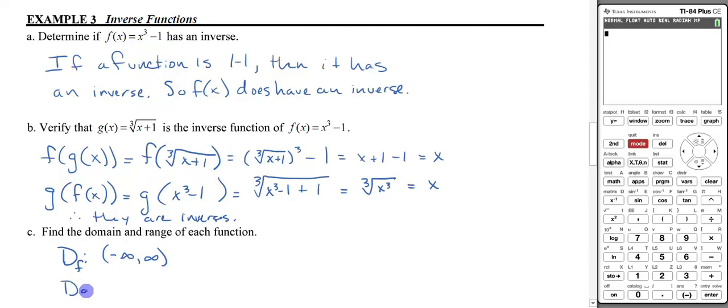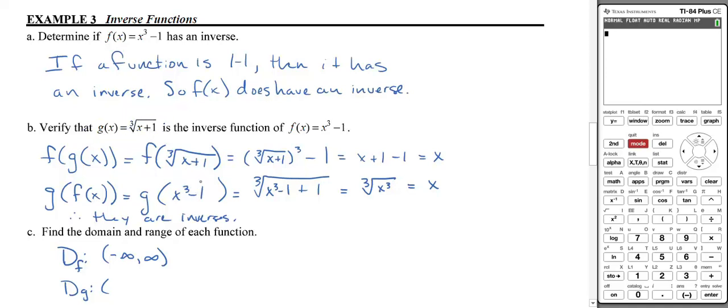What is the domain of the g function? The g function here is cube root of x plus 1. If you're not quite sure what the domain is, you could graph it and try and observe from the graph, but I know that I can add 1 to any number and take the cube root of it and nothing bad will happen.